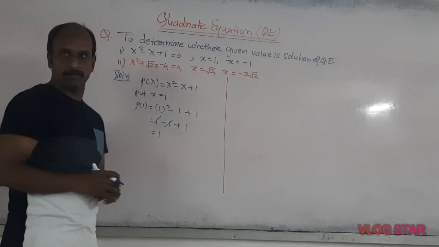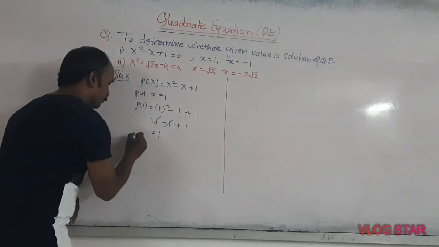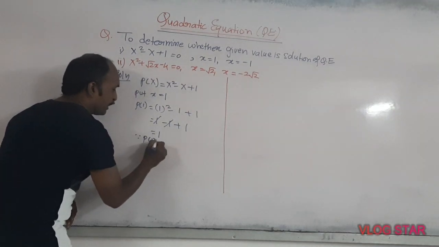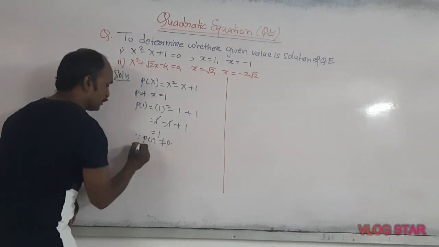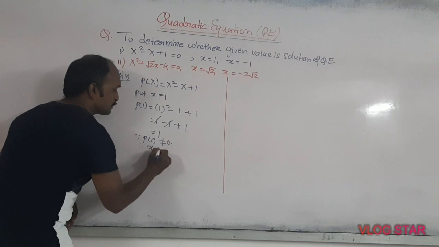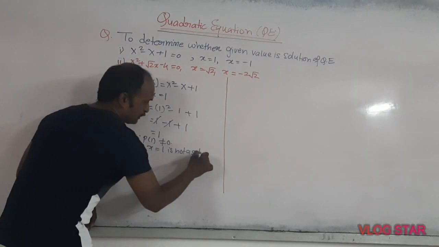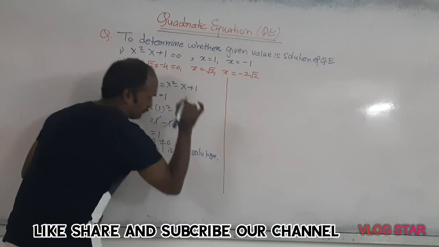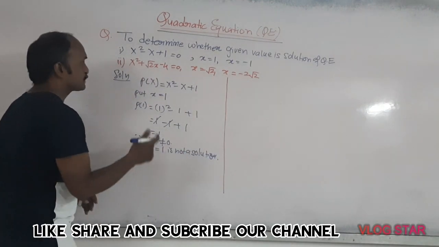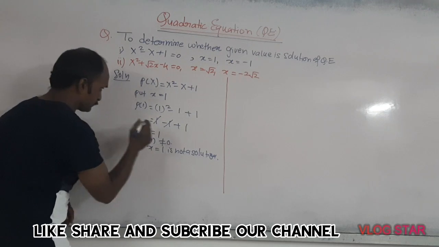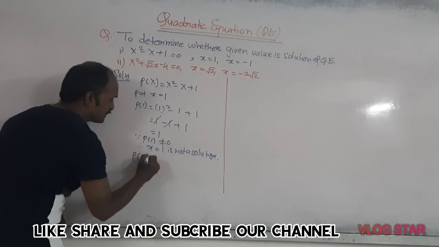Your answer is 1. So what we can say, because p of 1 is not equal to 0, therefore x is equal to 1 is not a solution, or it is not a root of the equation. Now let's put another value, p of minus 1.